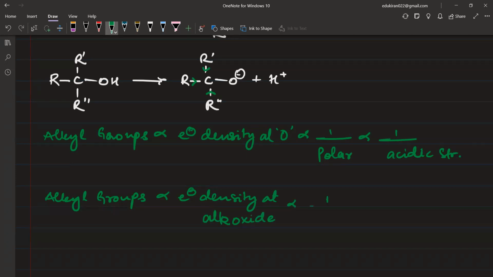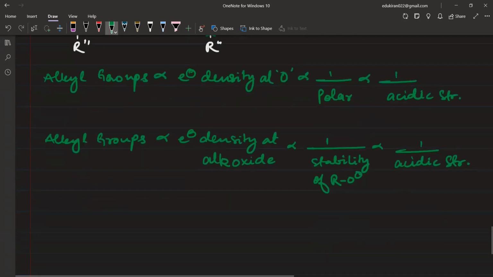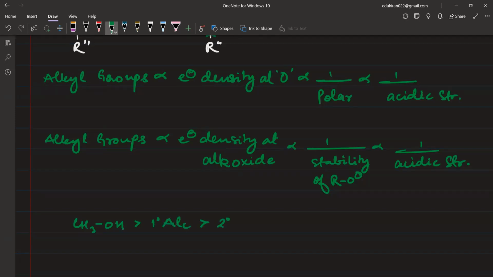That means it will decrease the stability of RO negative. That means it will decrease the acidic strength. यानी कि the most acidic will be CH3OH. After that, 1-degree alcohol. After that, 2-degree alcohol. After that, 3-degree alcohol.